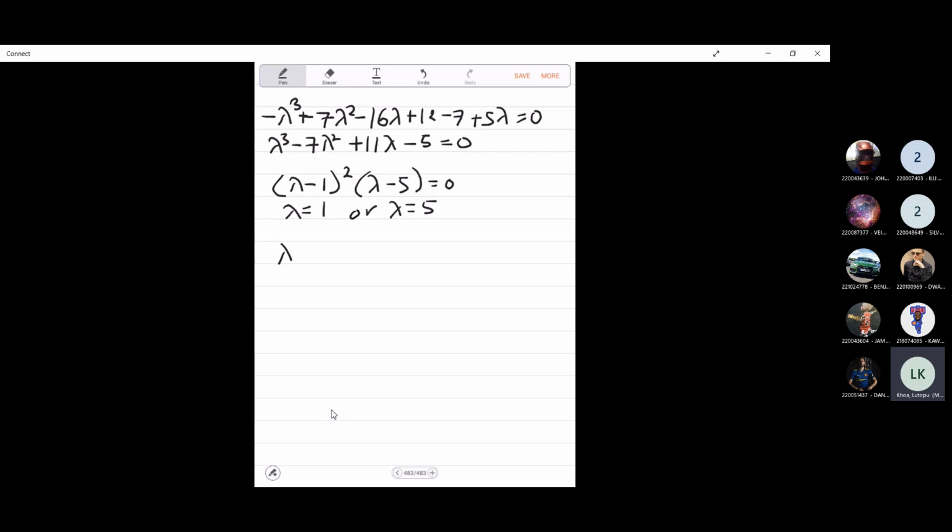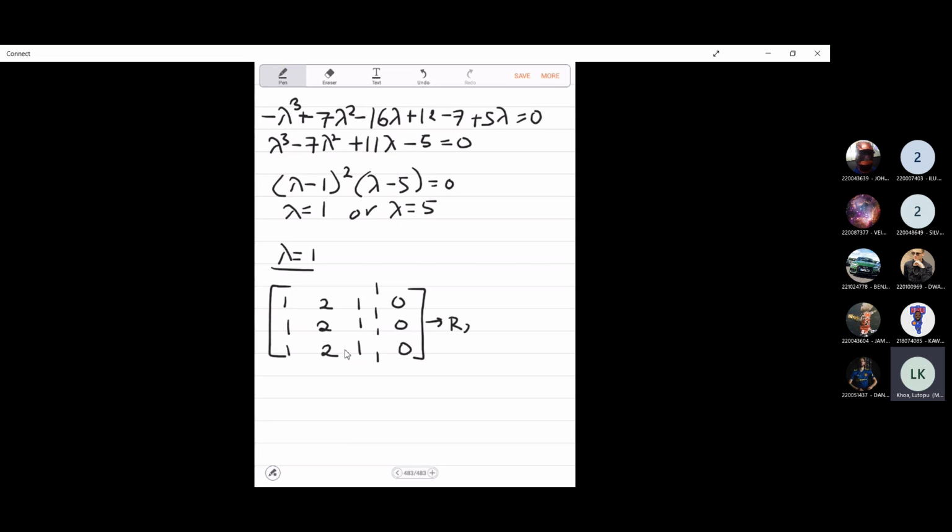Then the eigenvectors associated with that, here we have 1, 2, 1, 1, 2, 1, and then 1, 2, 1. So you can see that all the rows are the same, so I can make the second one 0.